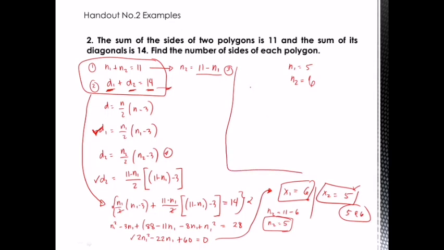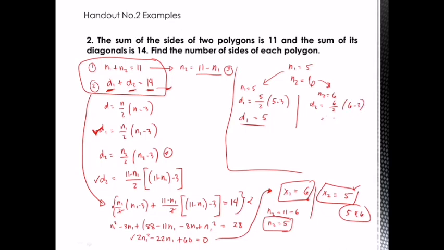If your N1 is 5, what is your D1? So, your D1 is 5 over 2 times 5 minus 3, so your D1 is 5. And for N2 is 6, what is D2? That is 6 over 2, from the formula for the diagonal, times 6 minus 3.